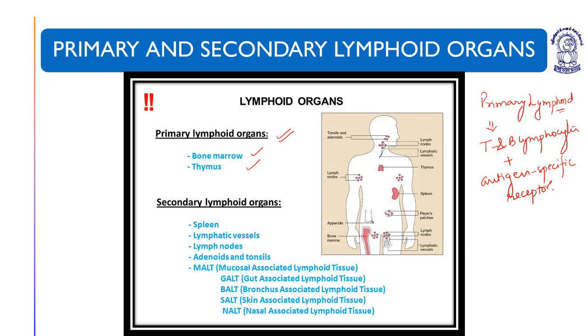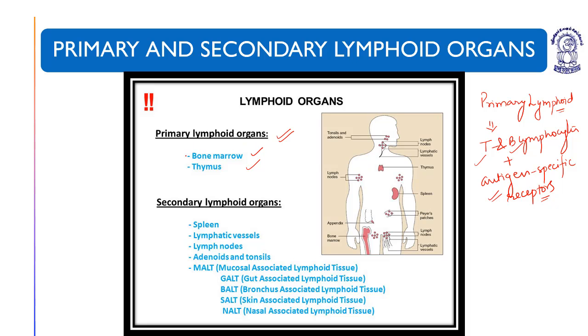So in primary lymphoid organs, the T lymphocytes and B lymphocytes mature and come up with antigen specific receptors. Understood? After the maturation, the lymphocytes go to secondary lymphoid organs, and after reaching the secondary lymphoid organs, they come up with further acquired immune response. They undergo proliferation and differentiation.